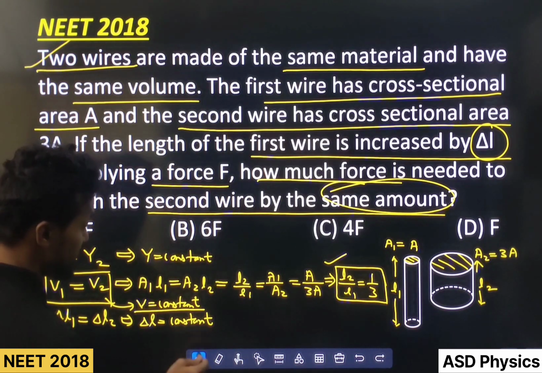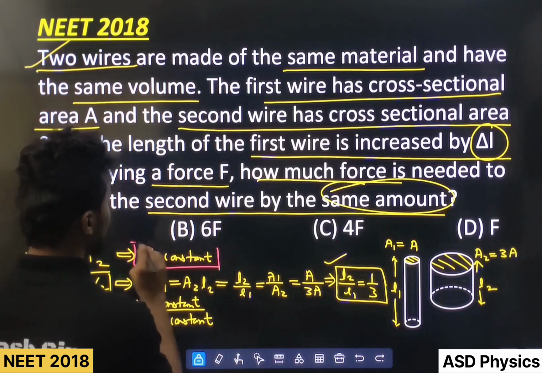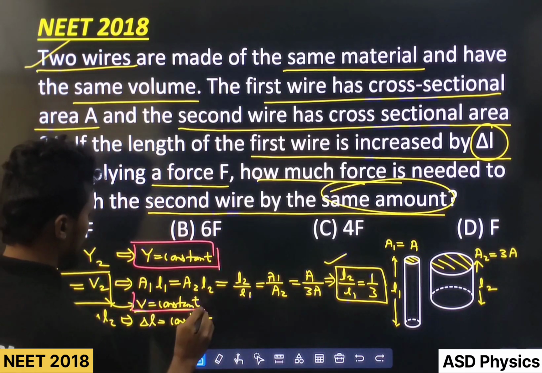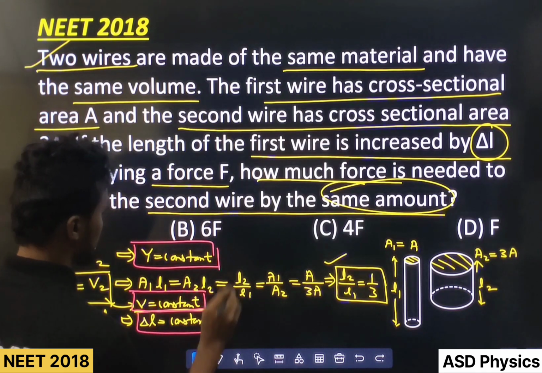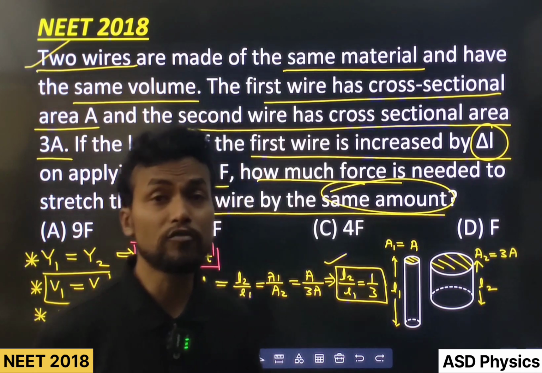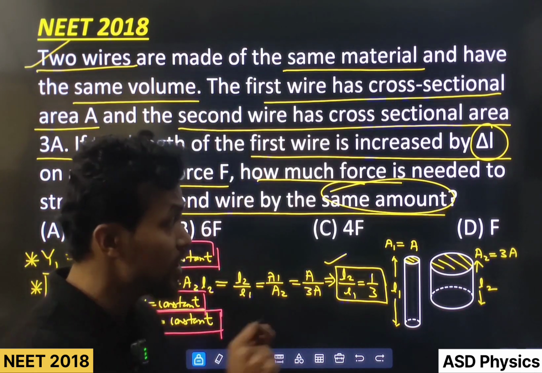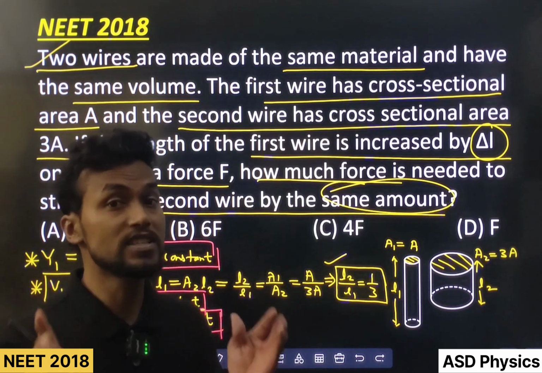So Young's modulus is constant, volume is constant, even delta L is constant. In the question we have to calculate the force. Now we have to find the relation where we can get the force, Young's modulus, area of cross section, length, all these things together.